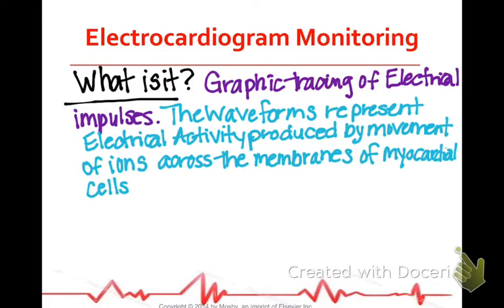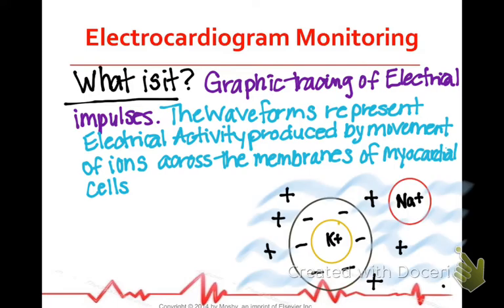And then what is electrocardiogram monitoring? Well, it's basically a graphic tracing of electrical impulses. The waveforms represent electrical activity produced by movement of the ions across the membranes of the myocardial cells. So you've got your action potential, right?